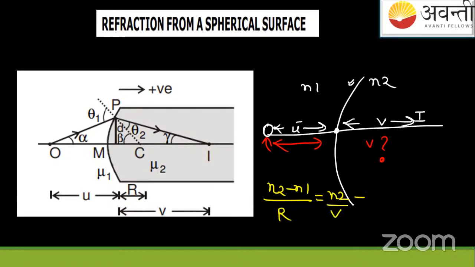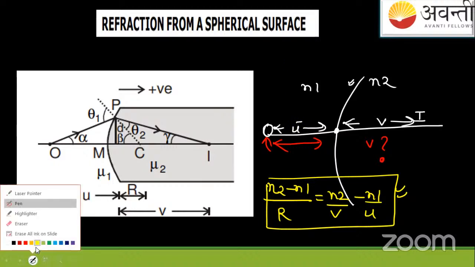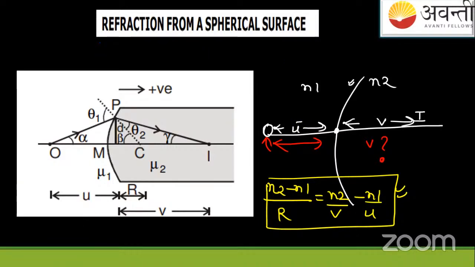This is the formula for finding the image distance when the object is placed in front of a spherical surface and refraction is occurring. We know refraction means bending of light while passing from one medium to another. Up to here clear?